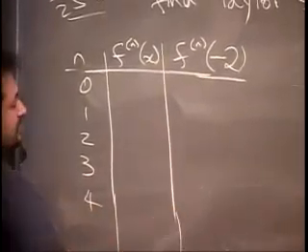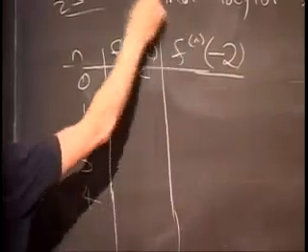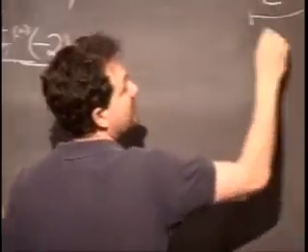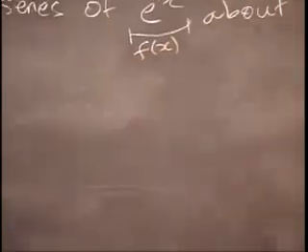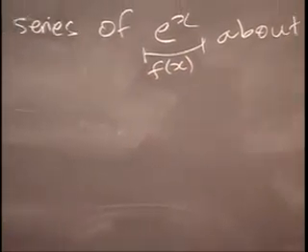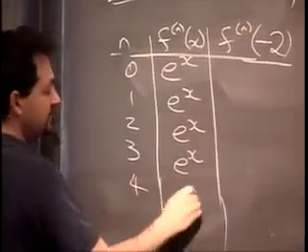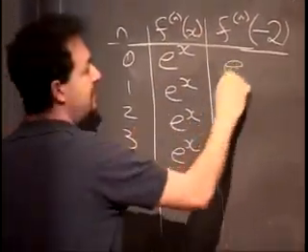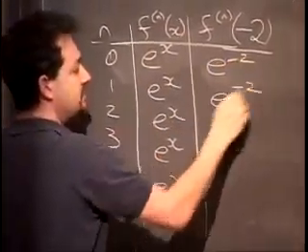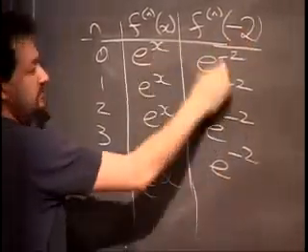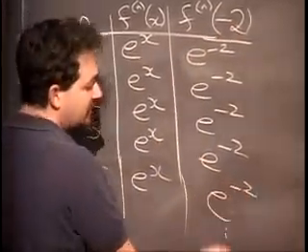But in any case, here we copy down the function e to the x. We're going to call this f of x once again. And so the derivatives are just e to the x. So this isn't particularly exciting. You plug in minus 2 to get e to the minus 2, e to the minus 2, of course, and so on.